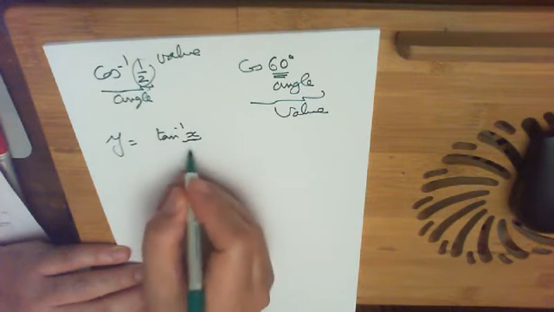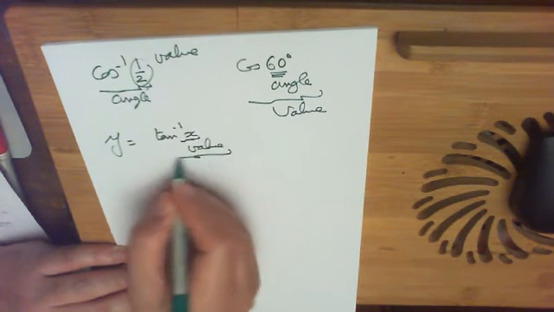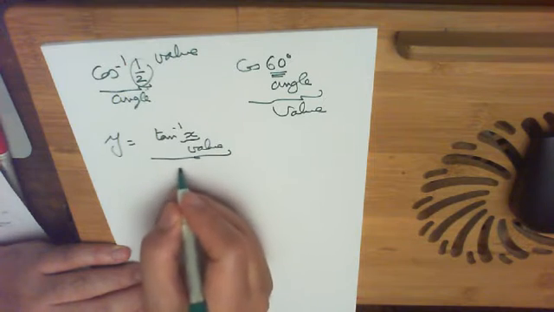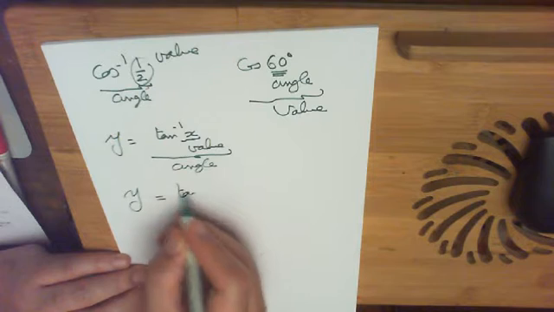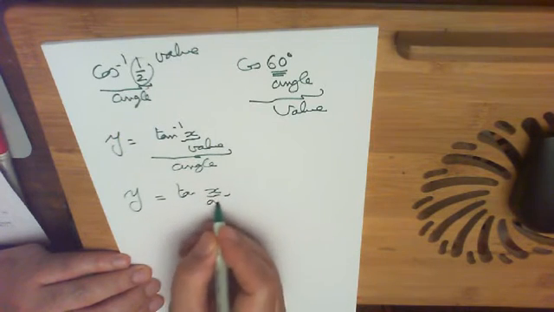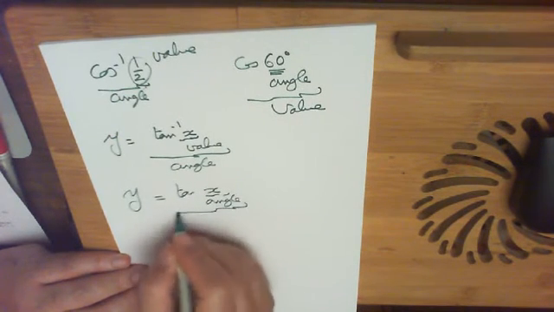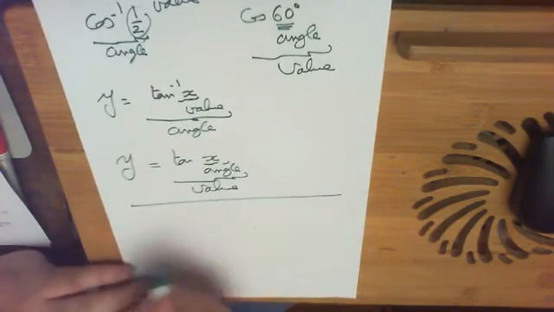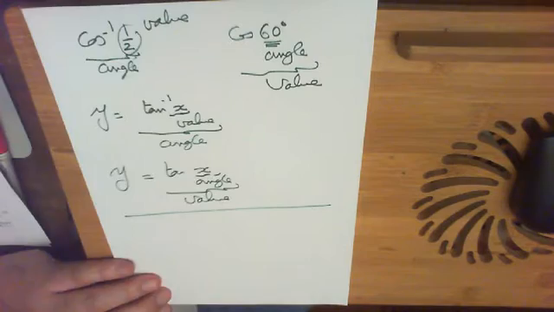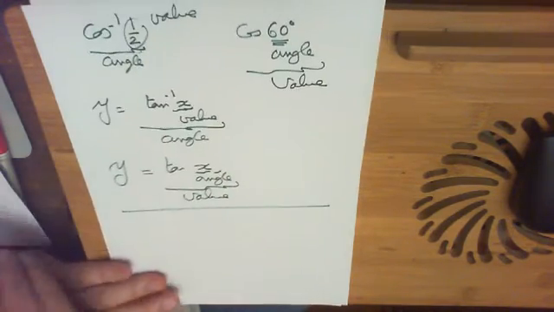Here x is a value and the result is an angle. When y equals tan x, the given is an angle and you are asked for a value. Take care of this.